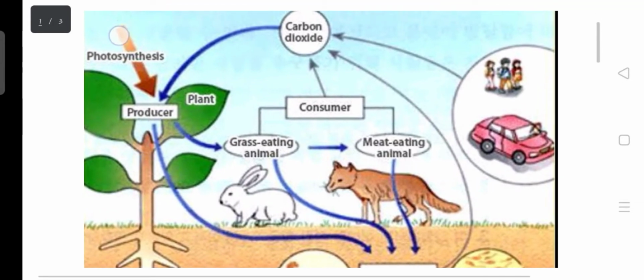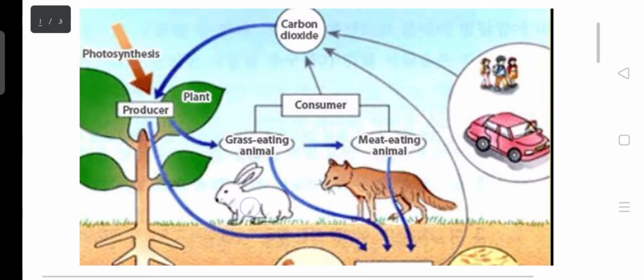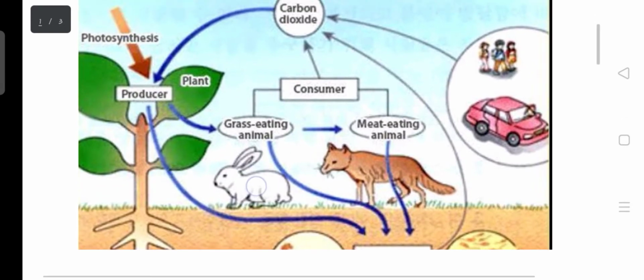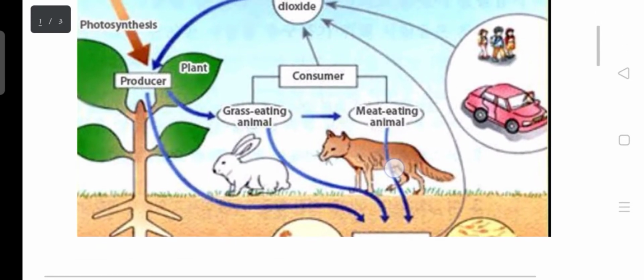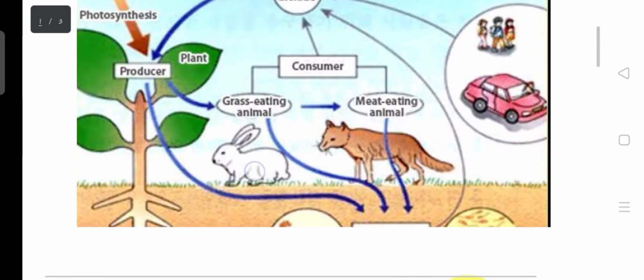It traps energy from the sun through a process called photosynthesis to produce food, which the grass-eating animals, known as the herbivores, feed on. When the herbivores feed on the plants, the meat-eating animals, which are the carnivores, feed on the herbivores.